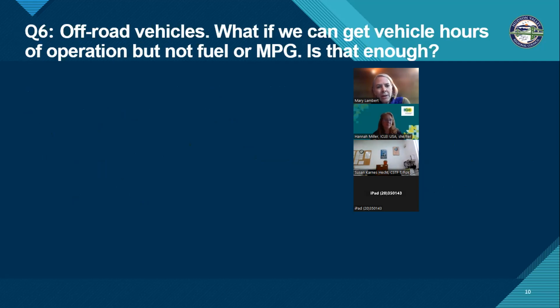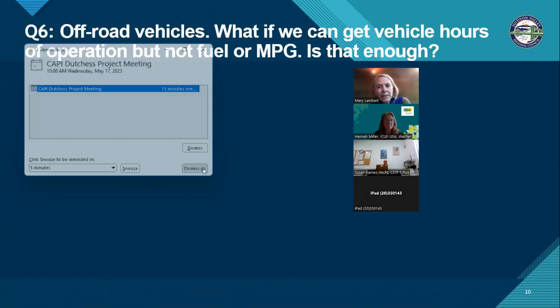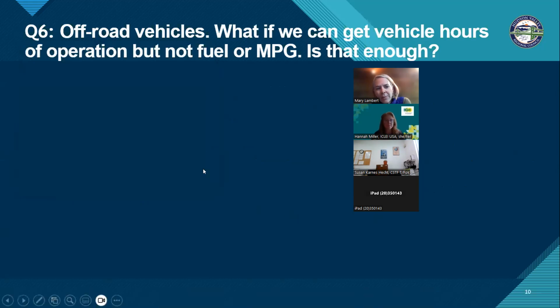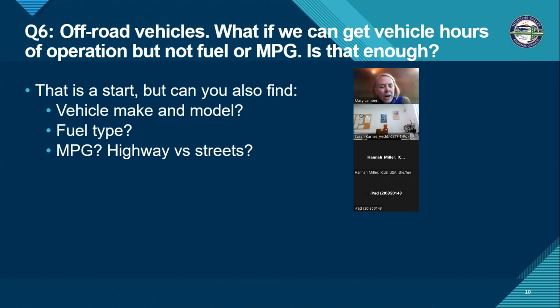Question 6, off-road vehicles. What if we can only get vehicle hours of operation, but not fuel or miles per gallon? Is that enough? It's yes and no. I think you can use that, but ideally you would include other data to help you have a more accurate estimate.